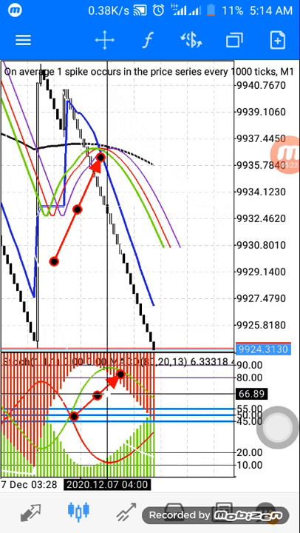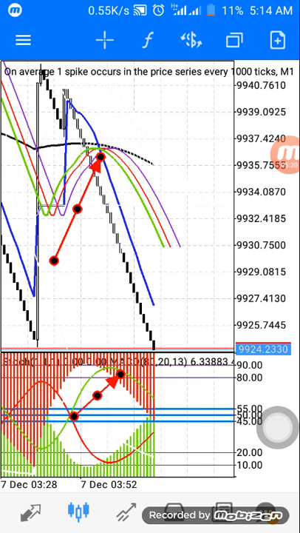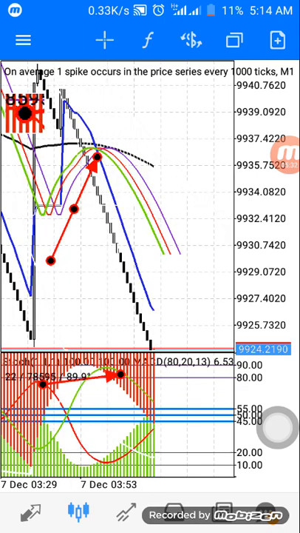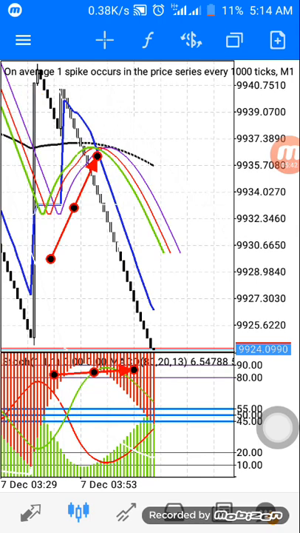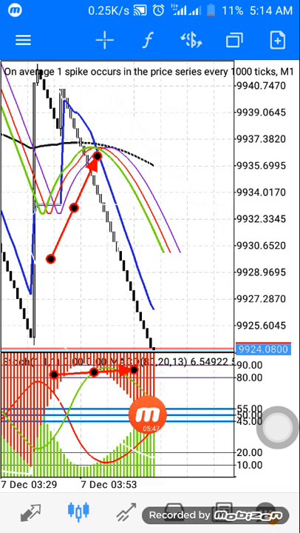We should enter the market here because it's already at the oversold level, curving downward, and this already crossed over. So we enter, and we'll take profit at the level of 0. Here's our take profit, guys, when it touches 50, when these two lines, the red line here and the green line here, come to meet at that 50. We take our profit.